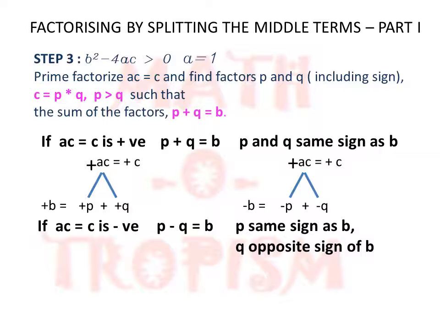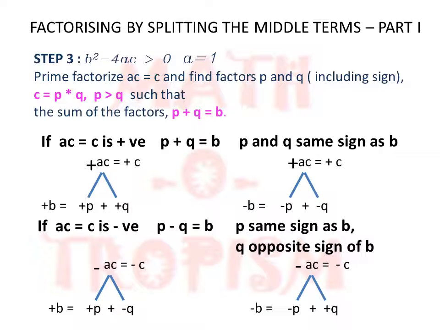If b is positive, p will be positive, q will be negative. If b is negative, p will be negative and q will be positive. Always p is the greater number, so p will have the sign of b. So b square minus 4ac greater than 0 means we need to split c into two factors p and q.